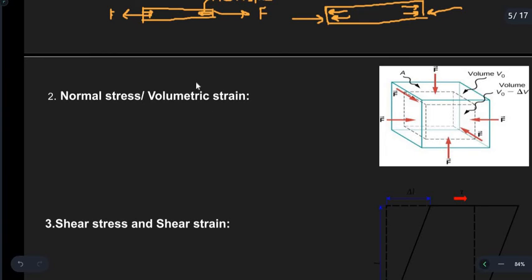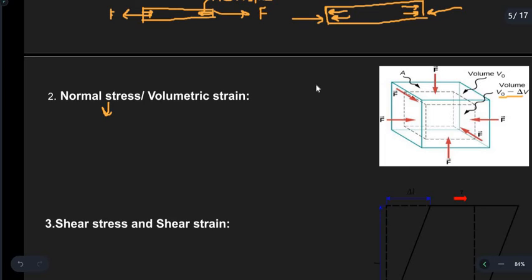This kind of stress is called normal stress; basically it is the normal force per unit area. As you can see, there is a change in the volume. Here it is written V naught minus del V, which is the new volume. For example, let me tell you about this.